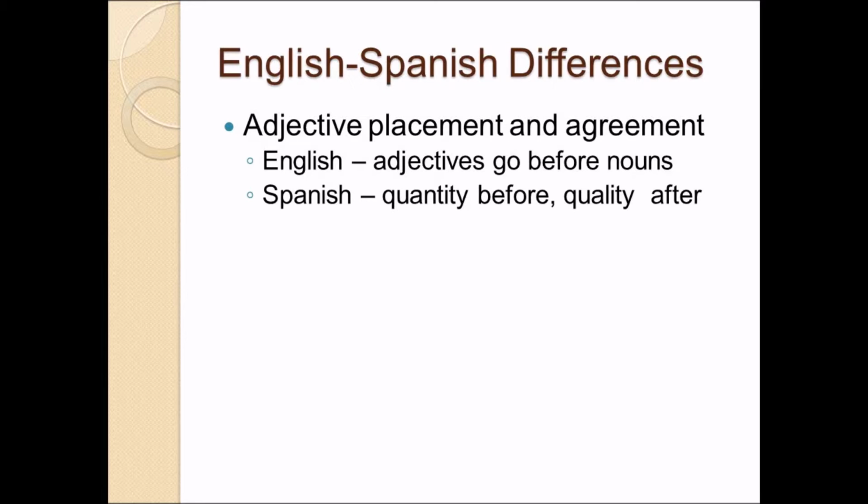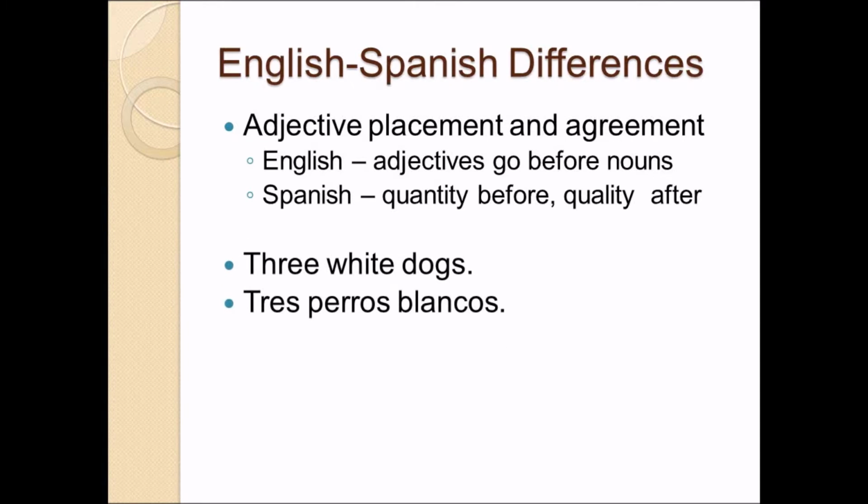There are some differences in sentence structure between Spanish and English. First one is the adjective placement and agreement. In English, adjectives always go before the nouns as a general rule. In Spanish, adjectives of quantity go before, quality after. For example, three white dogs, with both adjectives before.